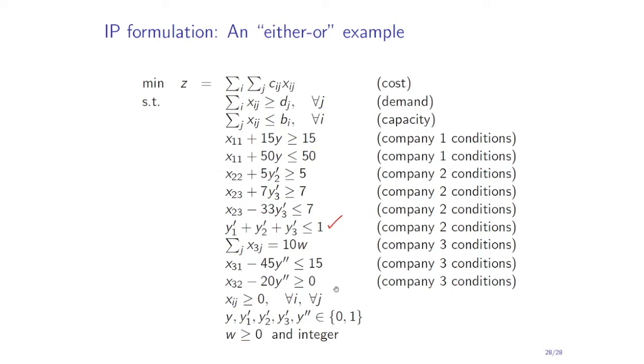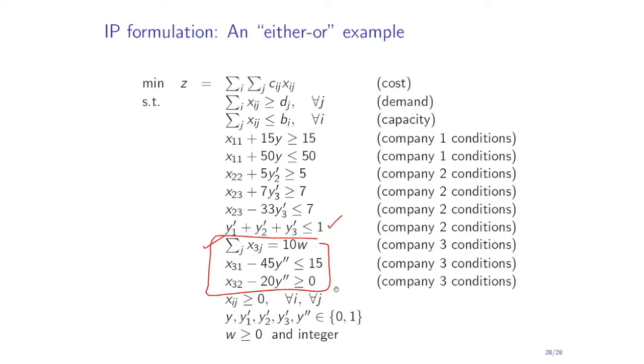And the requirements of the third company are here. This is the multiple of 10,000 gallons condition that the company requested, and these are the latest constraints that we came up with.